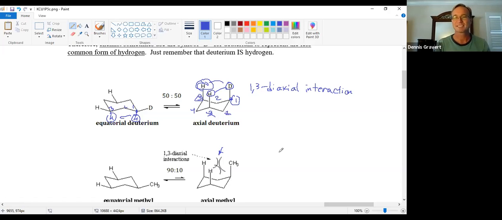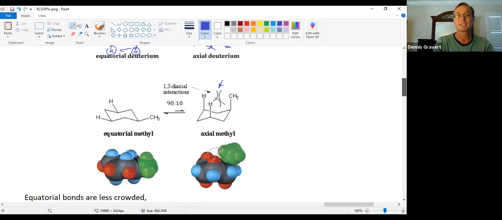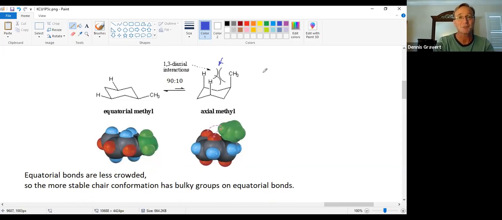Okay, but if you put on a bigger group, like a methyl group, now the equilibrium is not equal, roughly 90%. It depends on the temperature. 90% of the time, not 90% of the molecule. One molecule can flip back and forth as it wiggles.